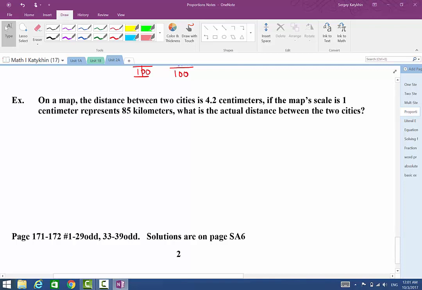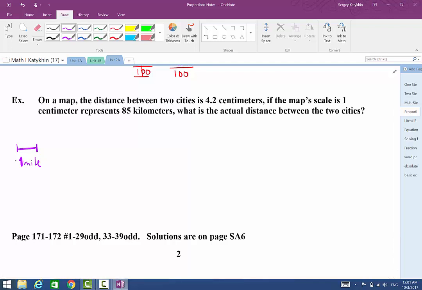Anytime you look at a map, even if you have a GPS in the car, they have little information on the bottom that says this much represents 1 mile. Then you can look at it and know that if you were to travel this far, you would actually be traveling 1 mile. And you have different types of scales.